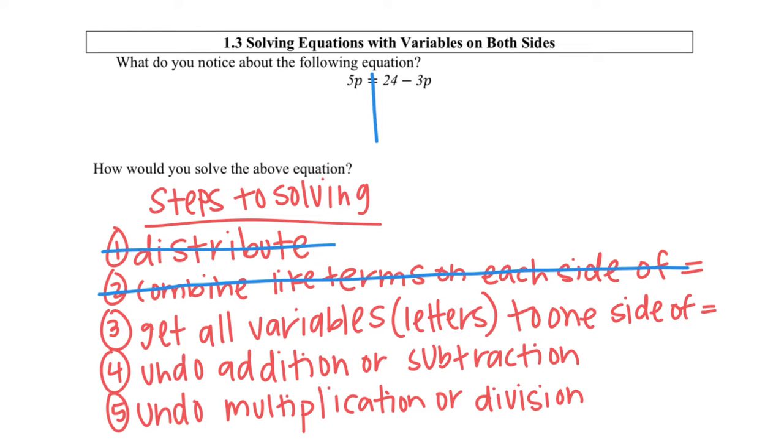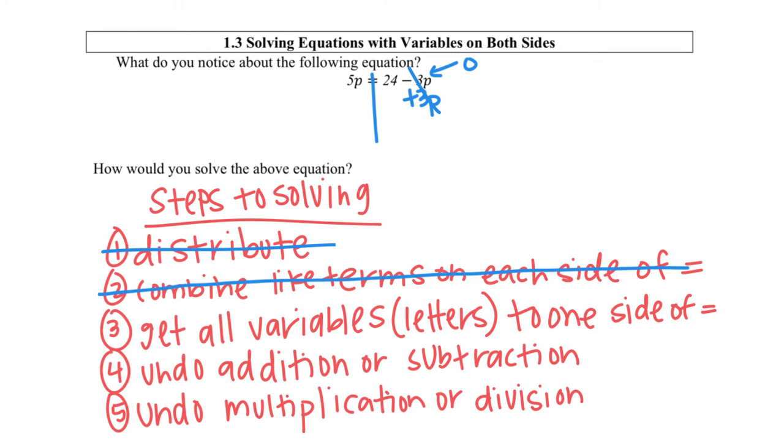I want to move that 3p to the other side of my equation. So I want this 3p right here to become 0. Right now, it's a negative 3p. So I'm going to add 3p to it in order for it to become 0. So negative 3p plus 3p becomes 0, so it cancels.